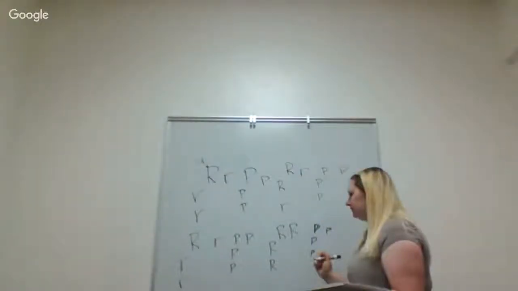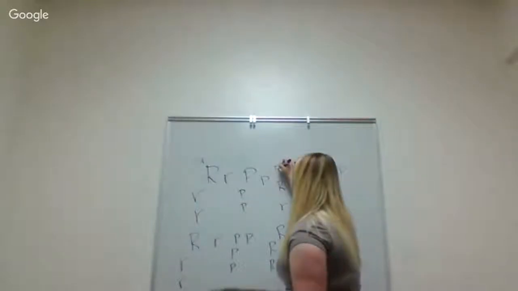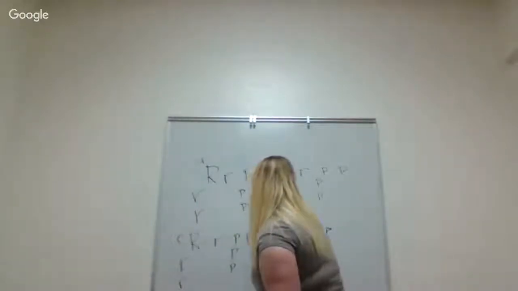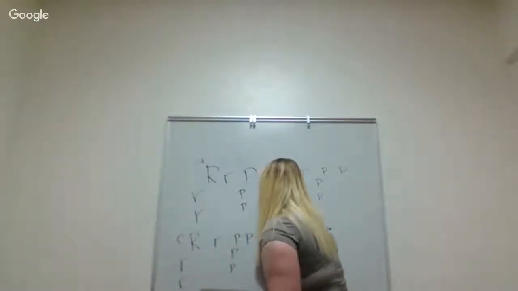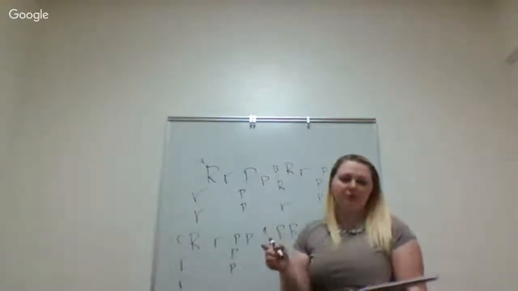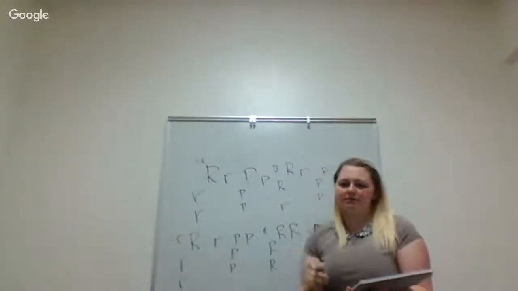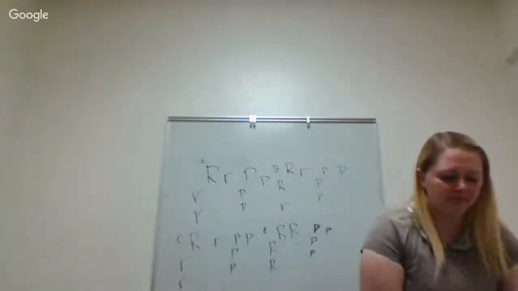By doing that, we'll get the 3 walnut, 1 rose ratio that we're going for. And so that'll take us to C.